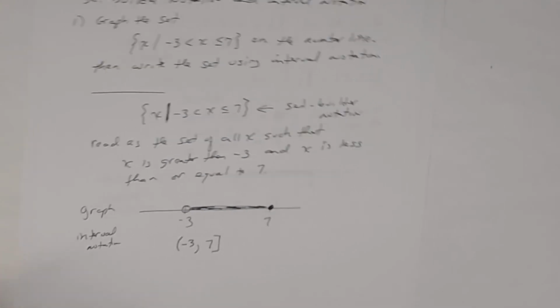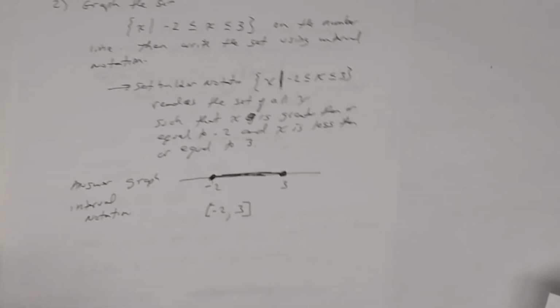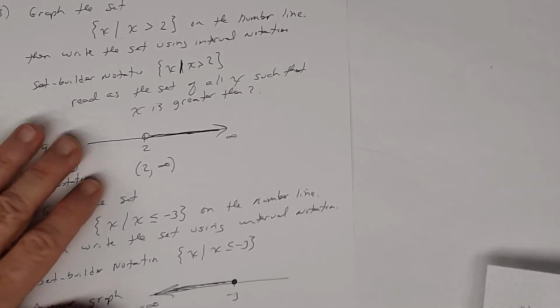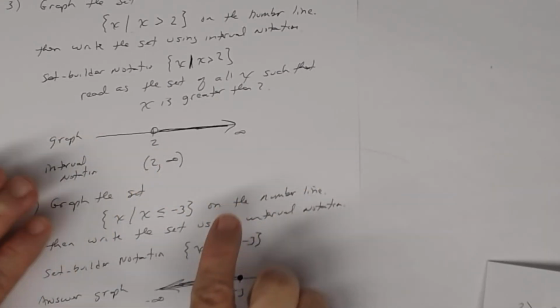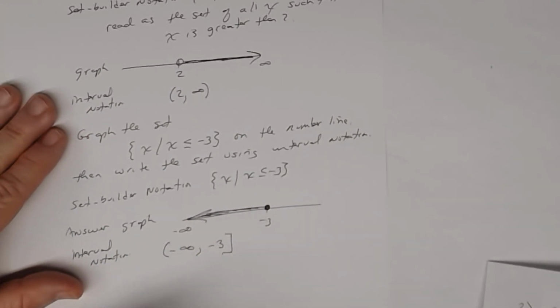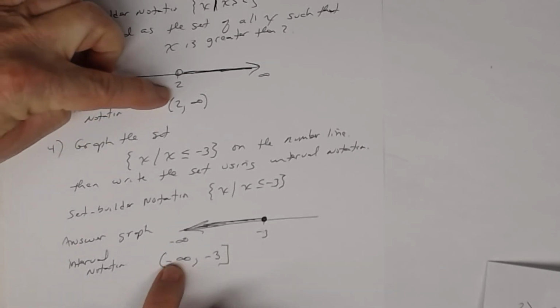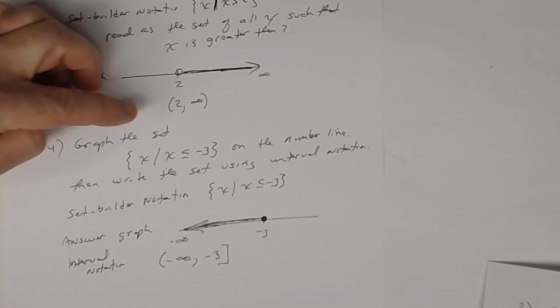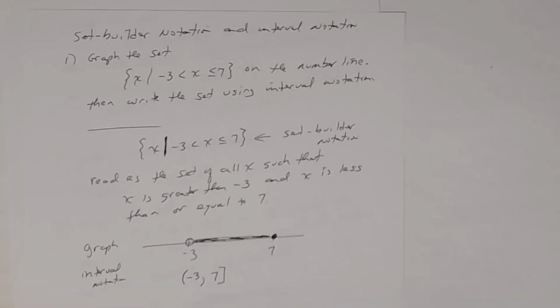And be particularly careful when you get to one that points towards infinity or negative infinity, how those interval notations look. All right, so that is the end of this lesson on set builder notation and interval notation.